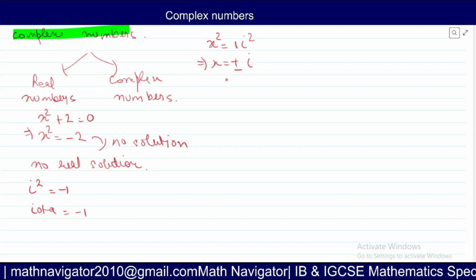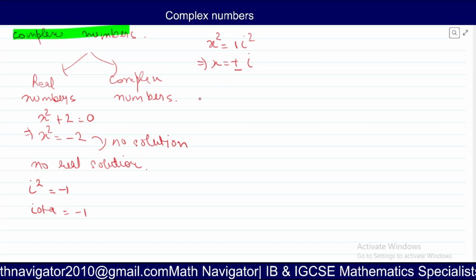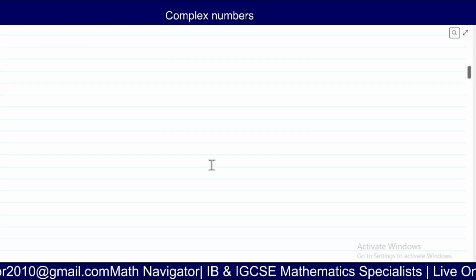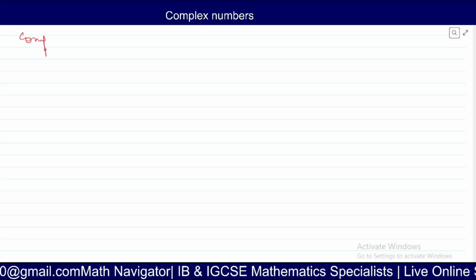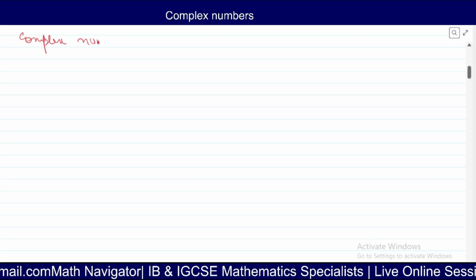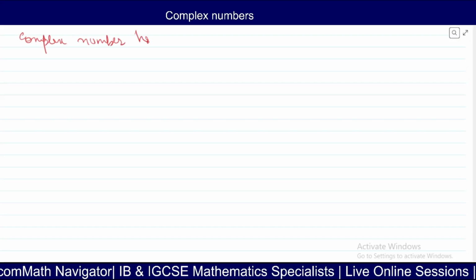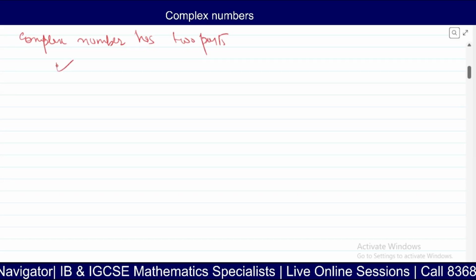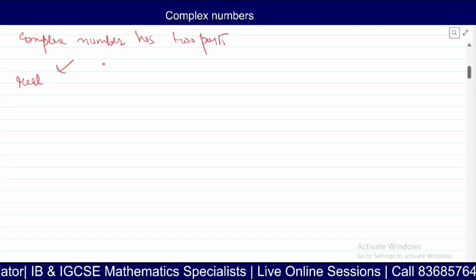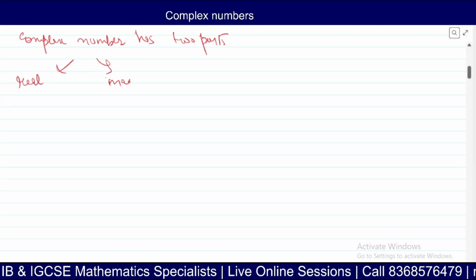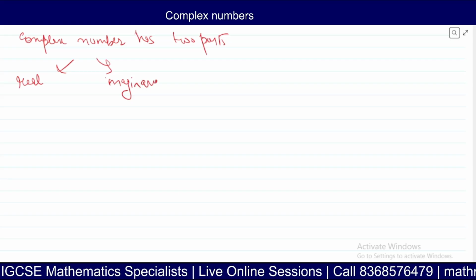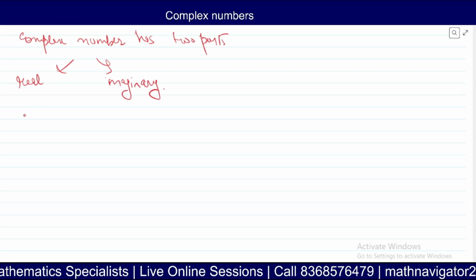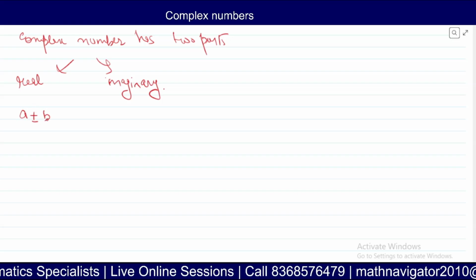This complex number has two parts, a real part and an imaginary part. So when we are talking about a complex number, the general form of a complex number is a plus minus bi.